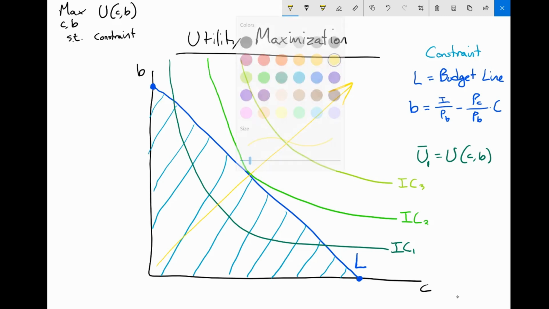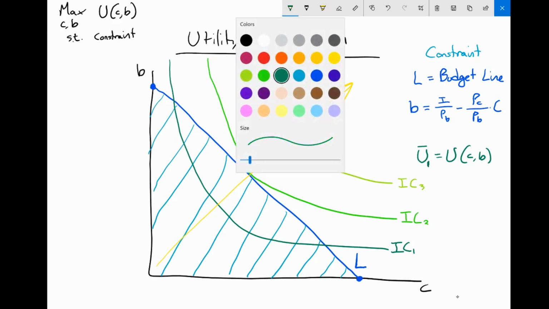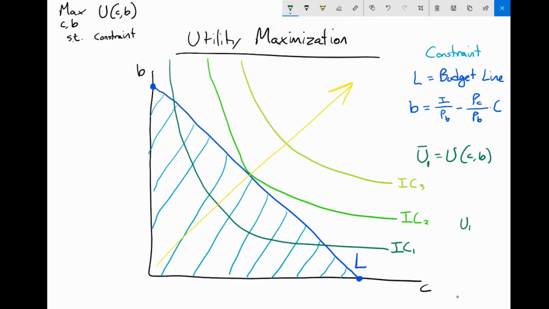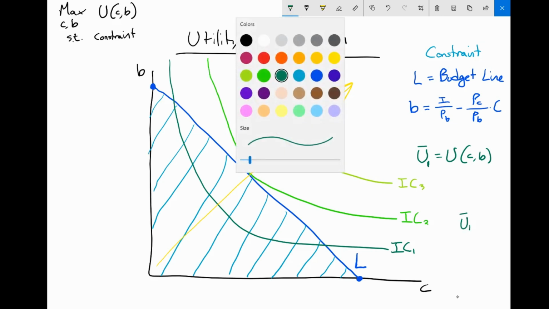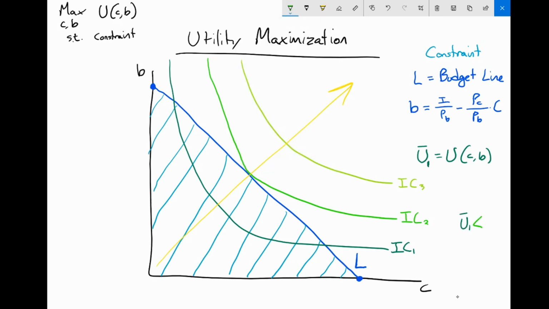Another way of putting it would be this. If U1 bar is the amount of utility that the agent would receive from any bundle on the IC1 indifference curve, then the agent would receive more utility from a bundle on the second indifference curve, IC2.